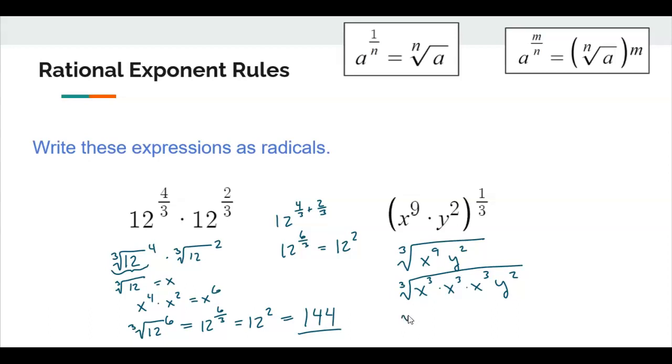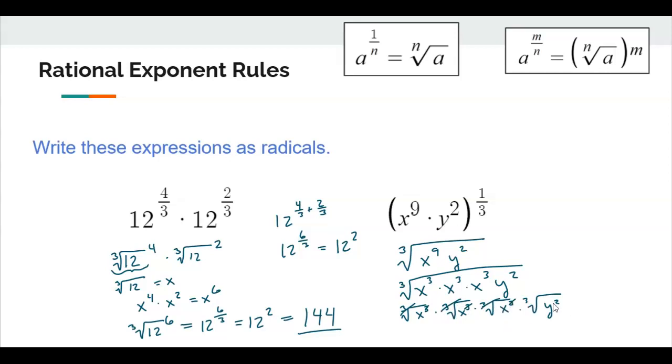Well, now I can write these separately. Cube root x to the 3rd, cube root x to the 3rd, cube root x to the 3rd, and then cube root y squared. See how we just took each of these individually? We can do that with radicals. And now that cube root will cancel, that cube root will cancel, and that cube root will cancel.